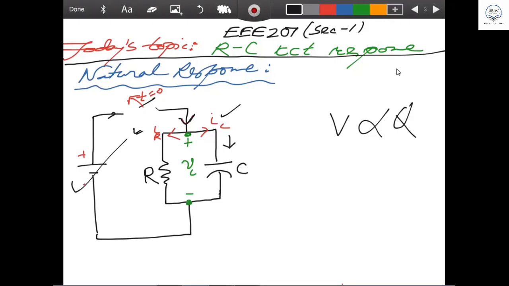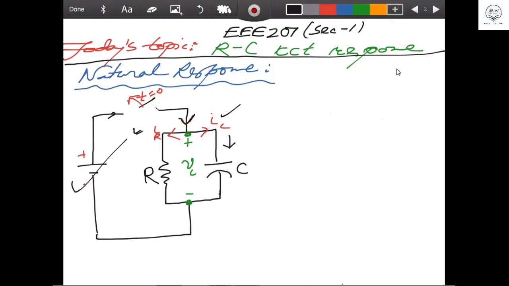All the charge will be discharged from the capacitor through the capacitor current, and the voltage of the capacitor will decrease slowly. This is the scenario. And that voltage VC will decrease slowly to 0.